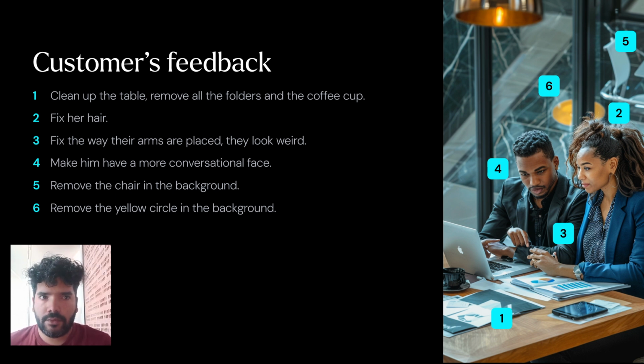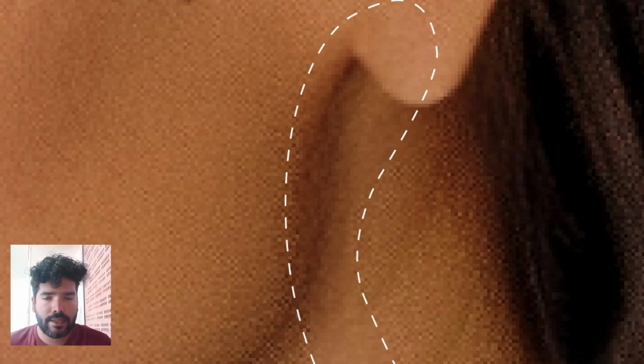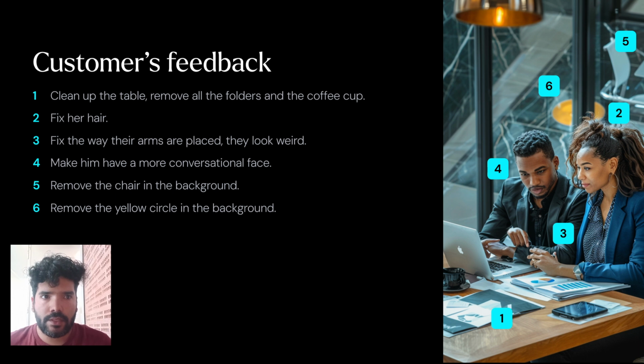It's better to make the modifications on Midjourney using Vary Region, because if you do them in Photoshop, the changes may not look exactly like the image that was originally generated, and Midjourney will do a better job of creating something new that is in the same style of the image.